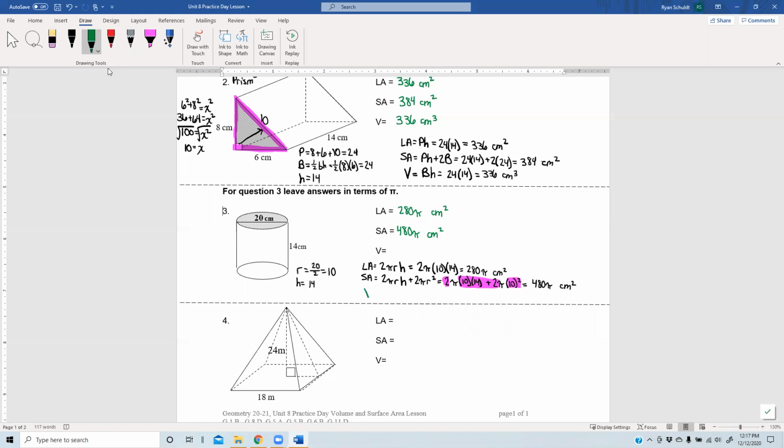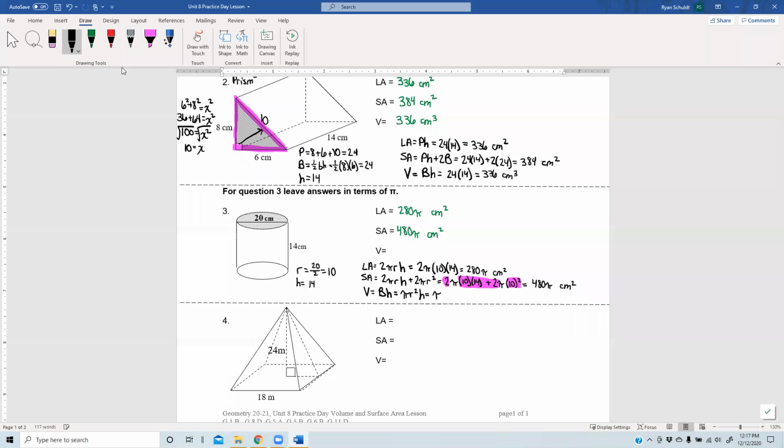And last but not least, volume. So for a cylinder, volume, the formula they'll give you is BH. But what do we really know the base is on a cylinder? It's a circle. So we can turn this into pi r squared times h.